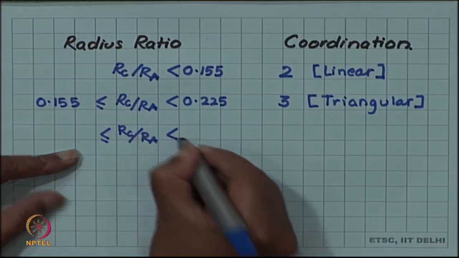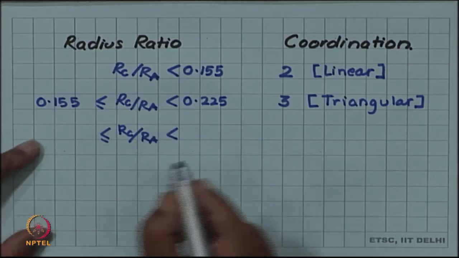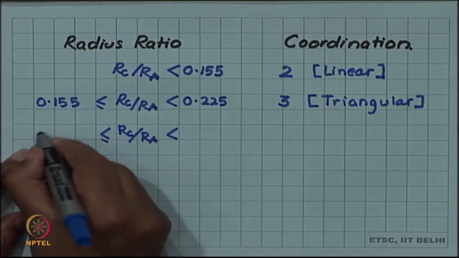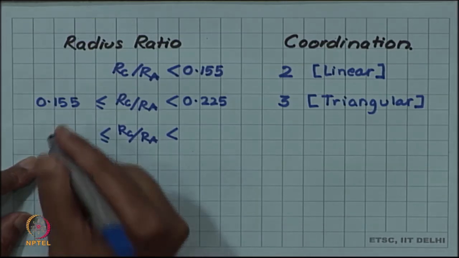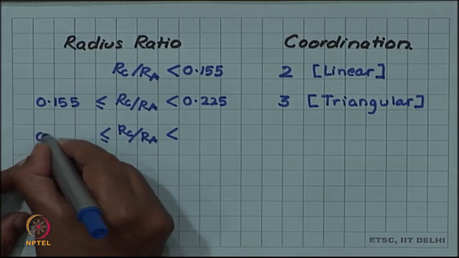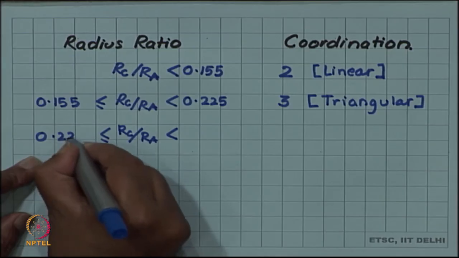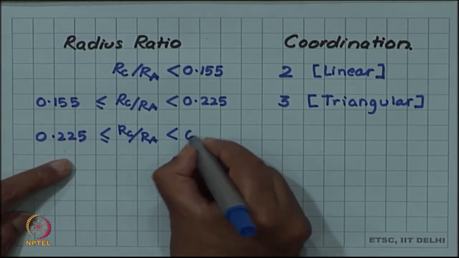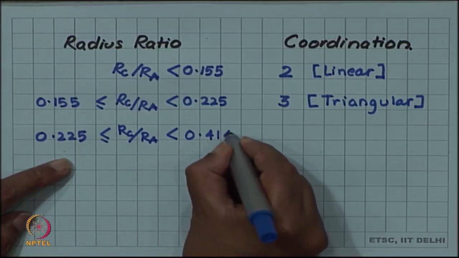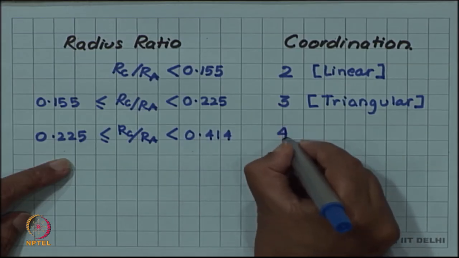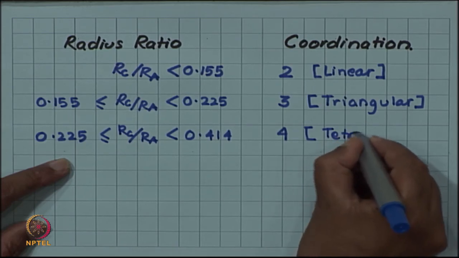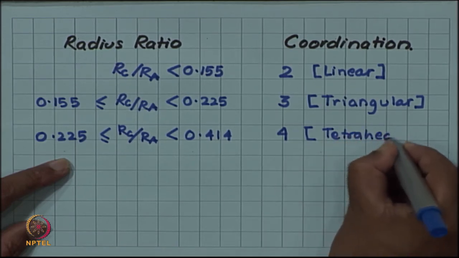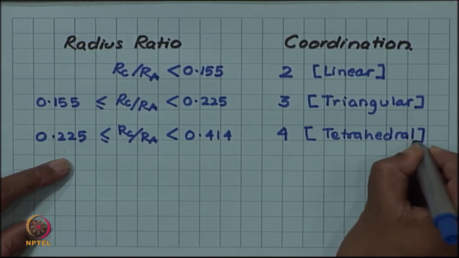We are just summarizing what we discussed in the previous slides. So, we are just rewriting everything in a single table. So, if you have greater than equal to 0.225, but less than 0.414, then you have a coordination of 4, and that is tetrahedral.